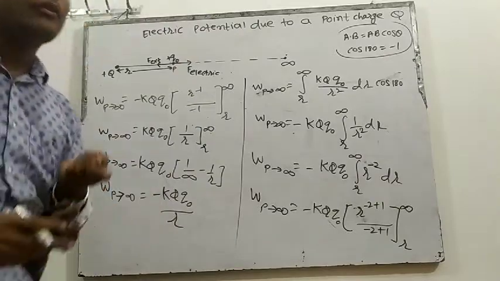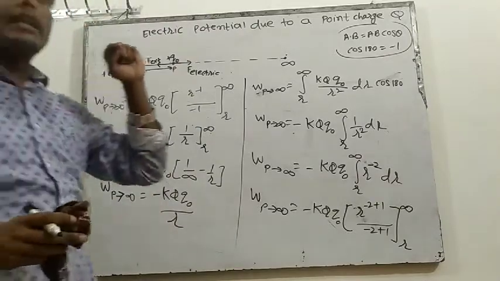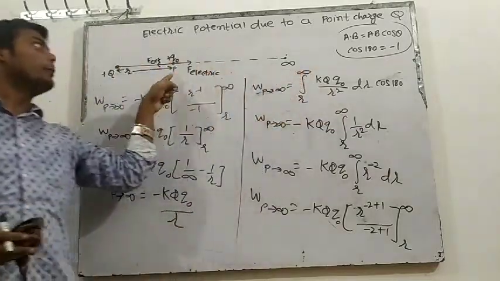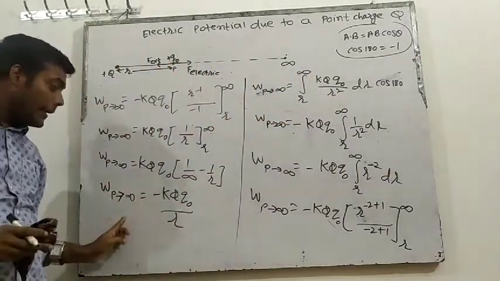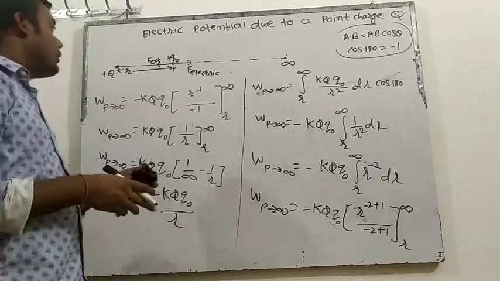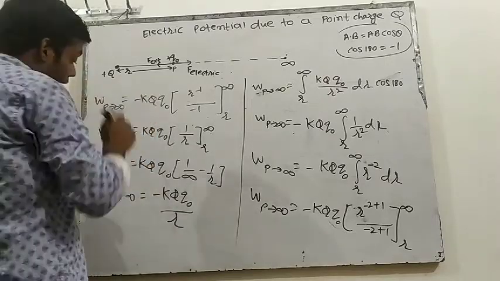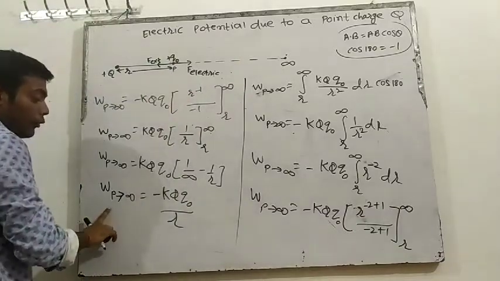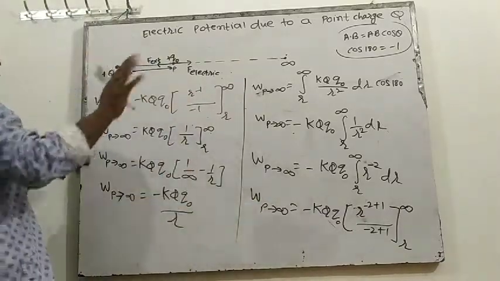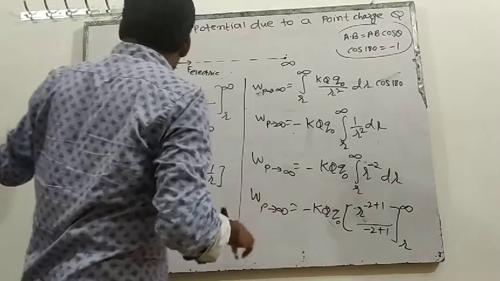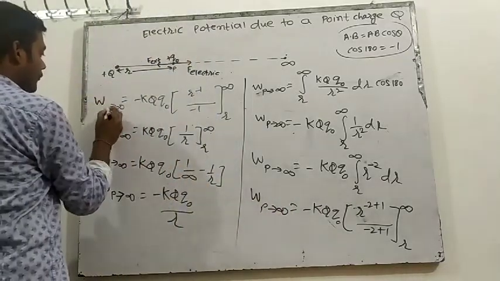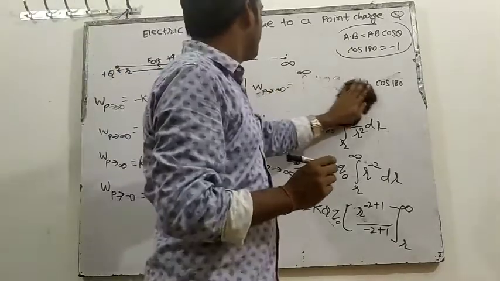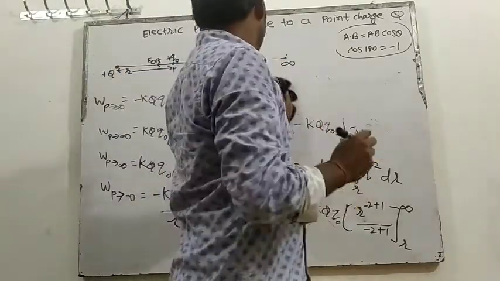But what is the definition of potential? Potential is defined as the work done in bringing a charge from infinity to P. What I have calculated is P to infinity. So we need the work done from infinity to P, but we have calculated from P to infinity, which is the opposite.